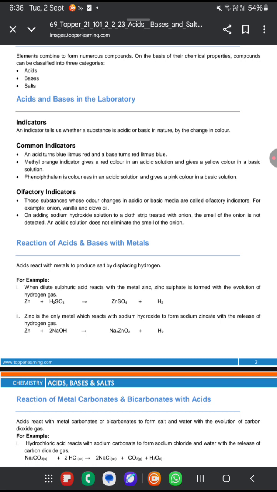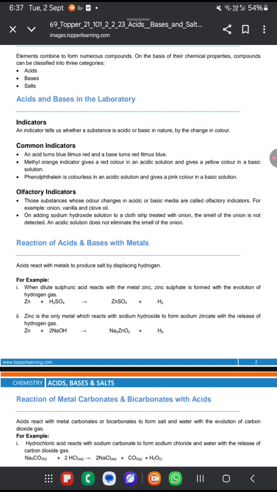Reaction of acids and bases with metals. Acid reacts with metal to produce salt by displacing hydrogen.